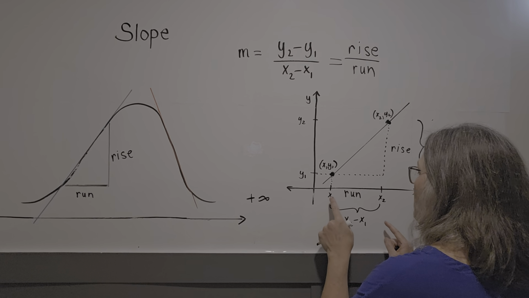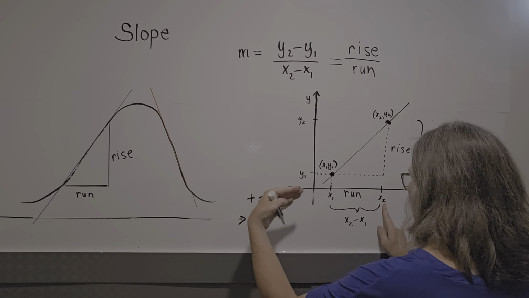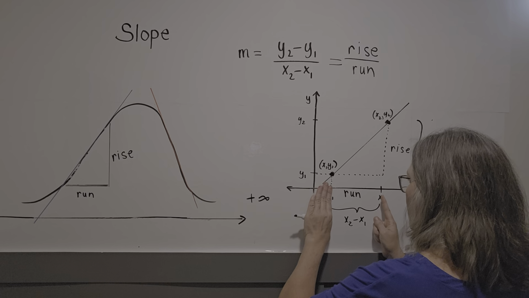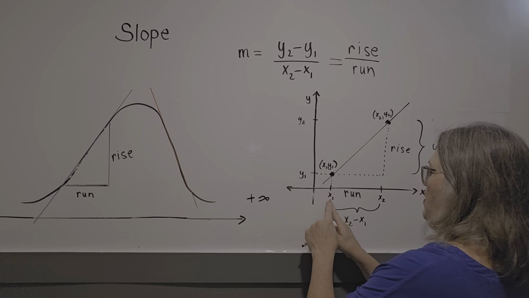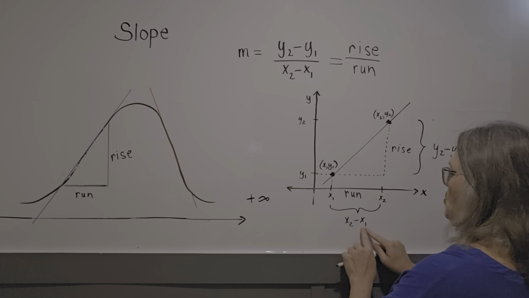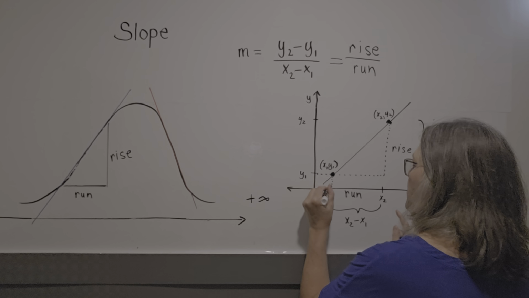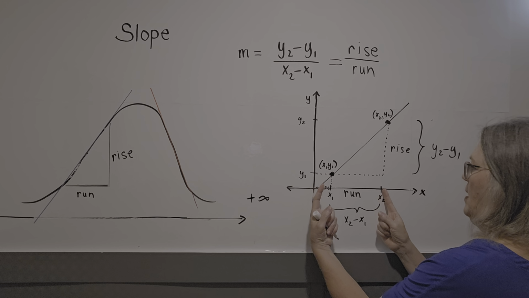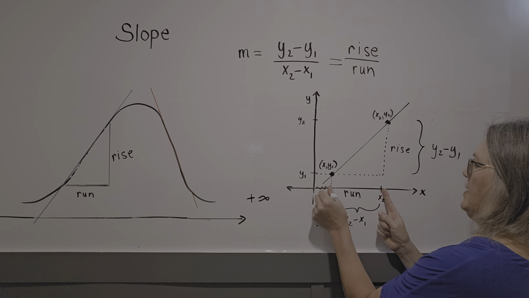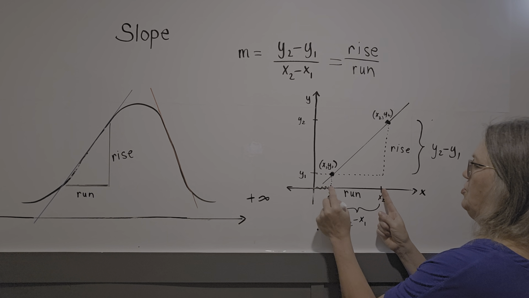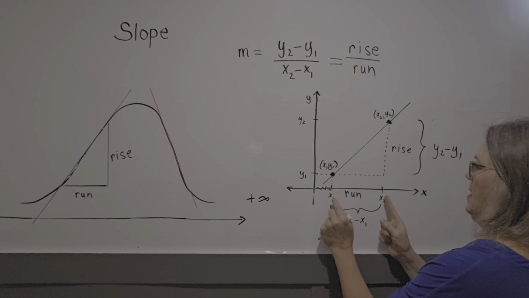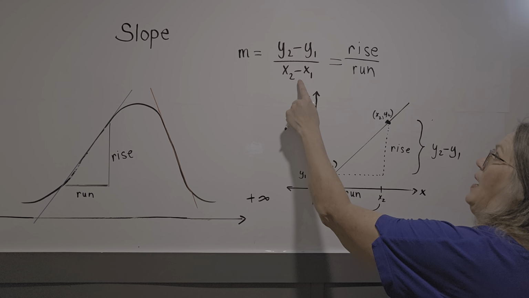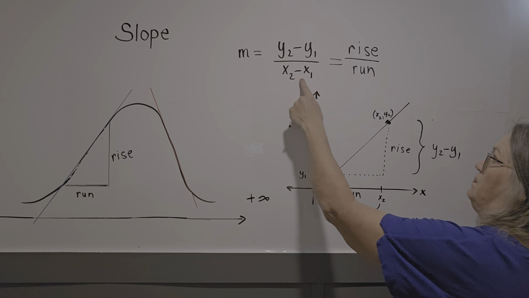So as you travel from x1 to x2, in other words, you're moving forward, you're going to take this distance, but you want x1 to be your starting point, so you want to subtract x1 from x2 so that you don't count this piece right here. You're taking that away because this distance is x2 and this distance is x1, and so you subtract x1 from x2 to get this difference here, which is the distance from x1 to x2. So you take the difference, and that's the run in the denominator.